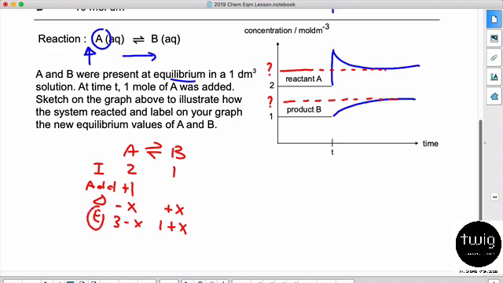So this is the equilibrium, isn't it? So Kc equals 1 plus x over 3 minus x. So far so good? But in order to get x, I need Kc. Is Kc given?